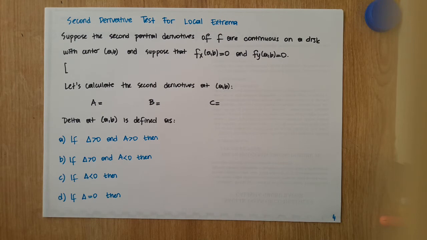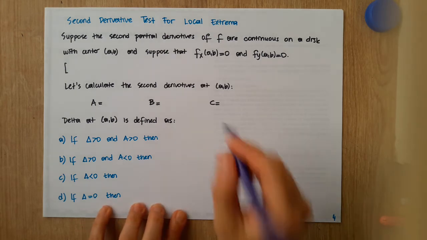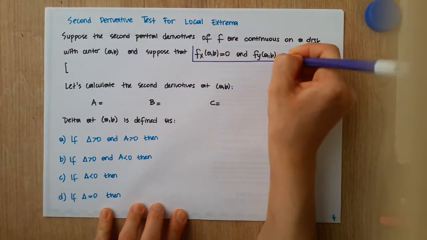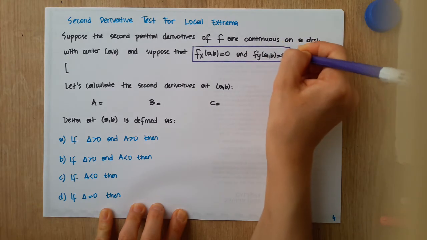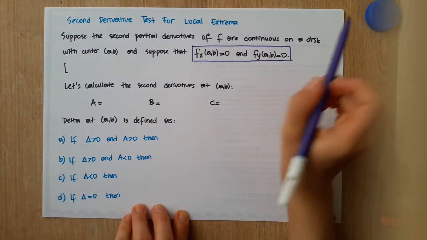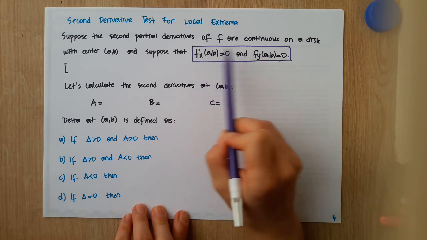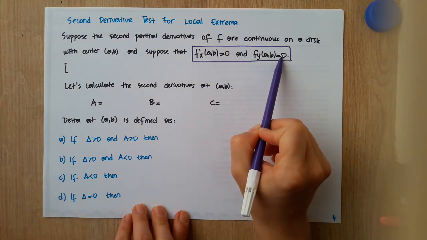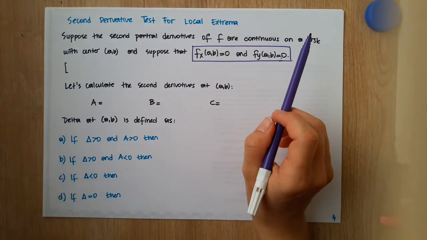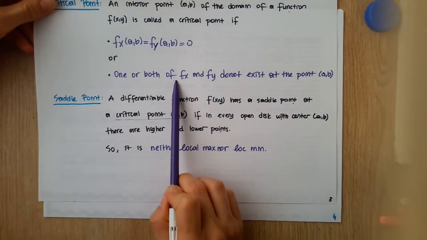So let's first look at the conditions of this test. Suppose the second partial derivatives of f are continuous on a disk with center (a, b), and suppose that we have this case in the definition of the critical point, which means we are talking about the critical points which make the first partial derivatives 0.